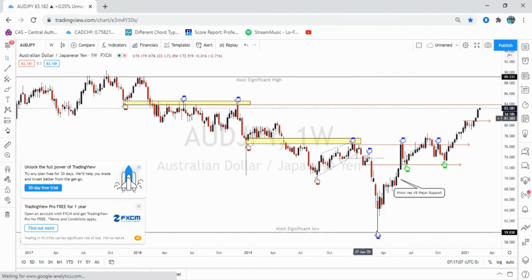What happened here is that the market came to this significant low and then it reversed and formed an impulse, and this is your correction. Now you're in an impulse approaching minor resistance, and now we're about to see if the market forms a correction or not.